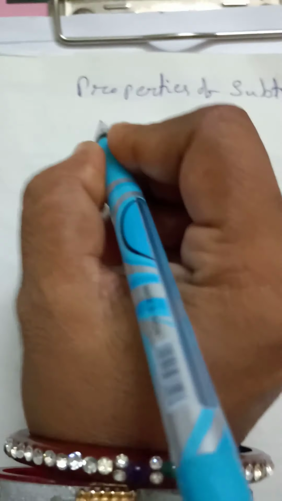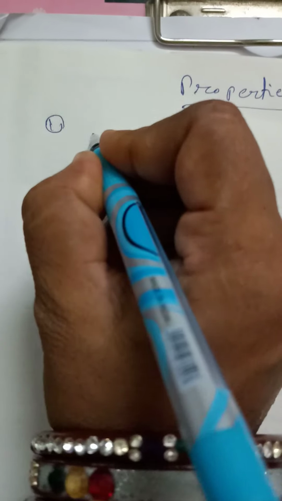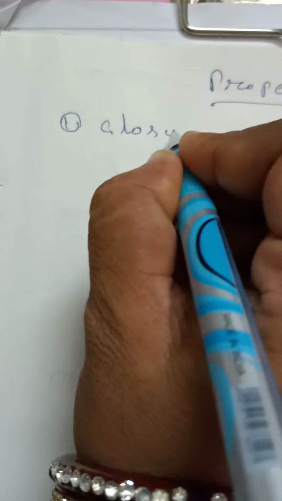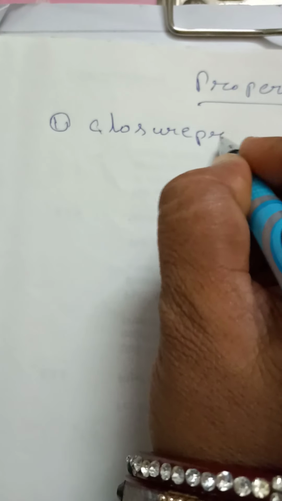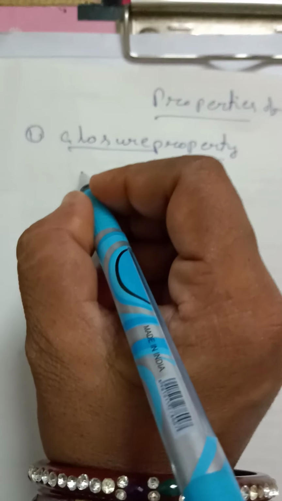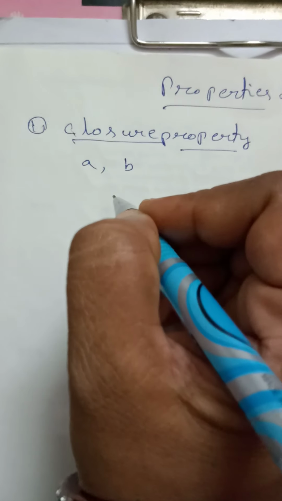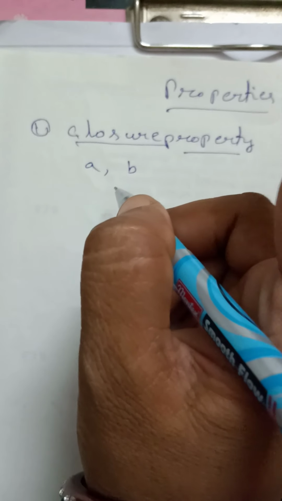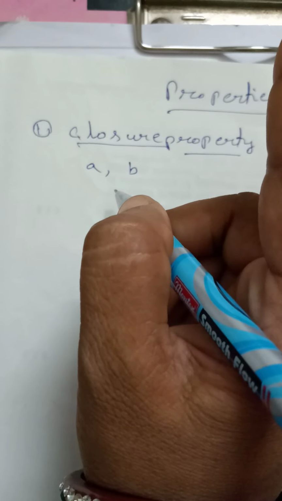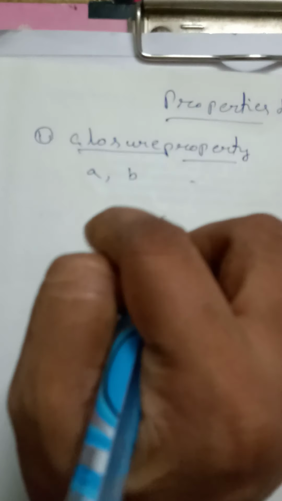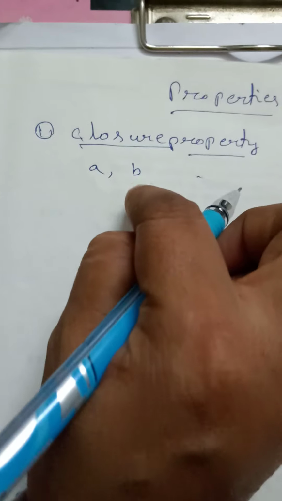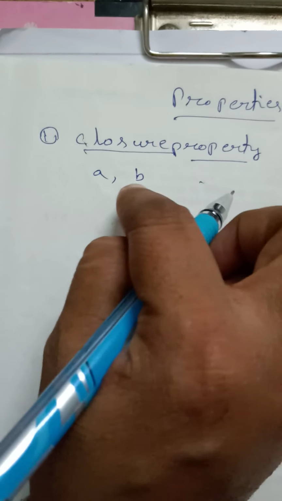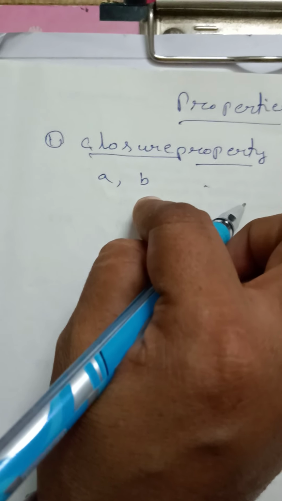The first one, closure property. What I said in addition: if a and b are two integers, then a plus b is also an integer. Here also, in subtraction, if a and b are two integers, a minus b will also be an integer.